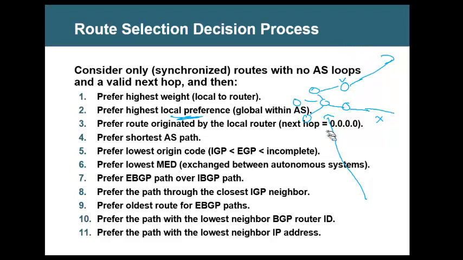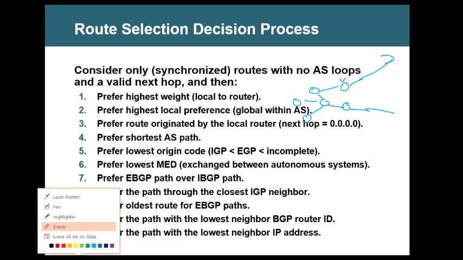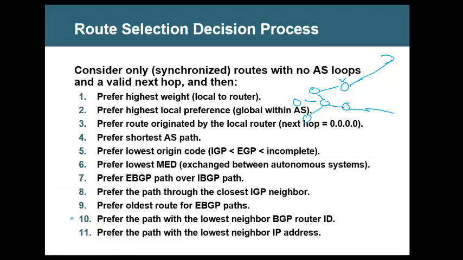So we need to check these things. When I configure local preference for a path selection, I need to make sure the weight is not set. If weight is set, the tiebreaker is weight. Weight says on this router, go this way, don't go this way.